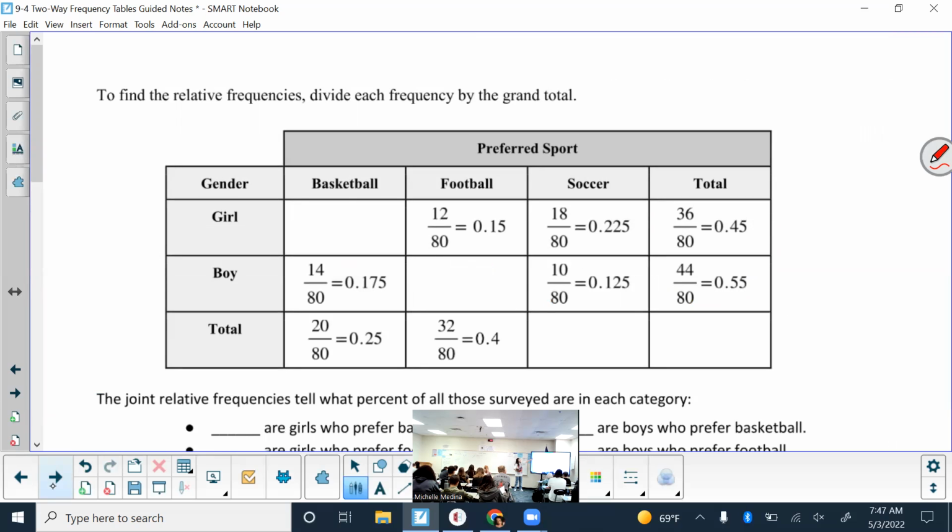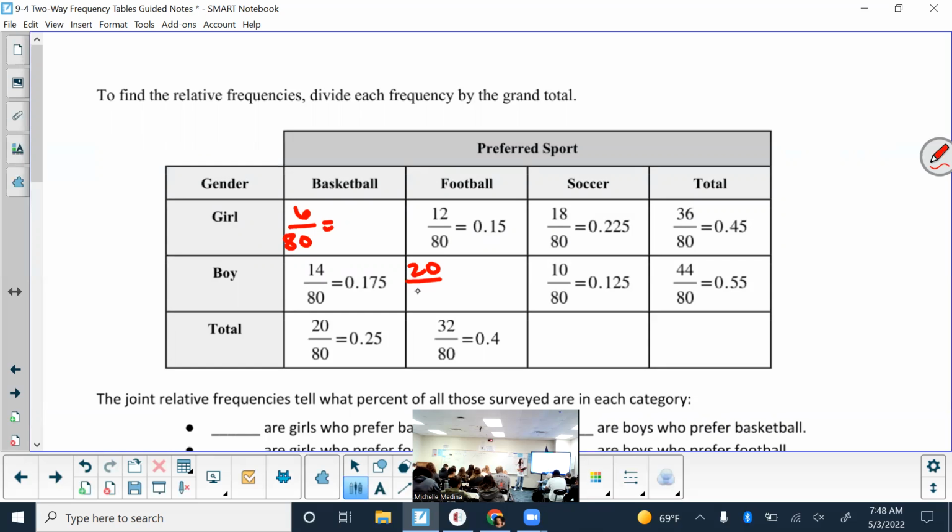Now we need to find the relative frequencies. So the ones that we just filled in, so like the 6 for girls that prefer basketball, what am I going to divide that by? 80 in order to get the relative frequency. And then the boys that prefer football was 20.